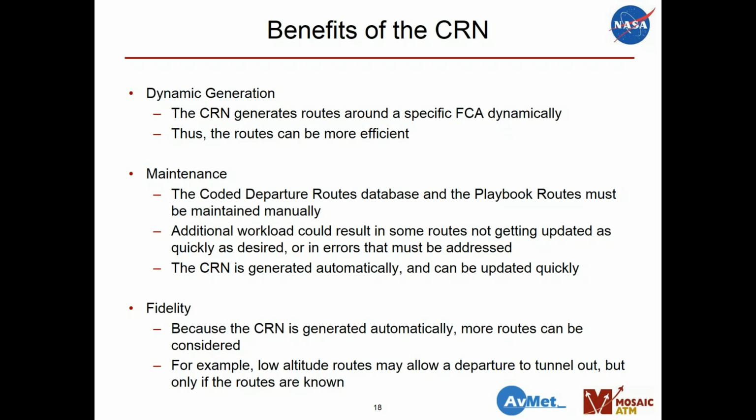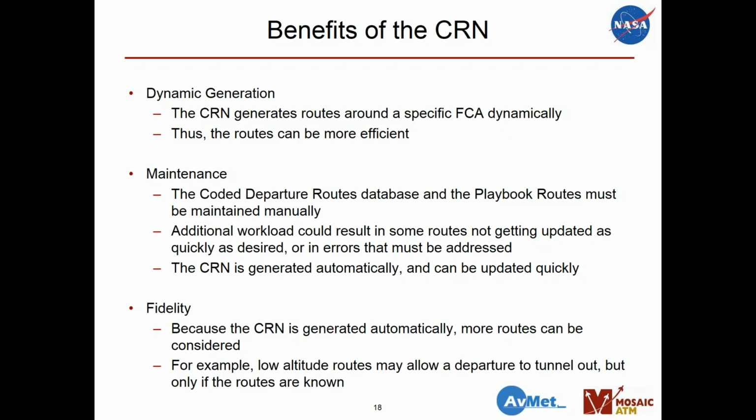But we also believe that this can be used for developing alternative routes in real time to be used as part of a TOS. Because again, we believe that the most important benefit is this first one here, is that when the clearable routes network is used to generate routes, it's done in real time with the knowledge of the specific FCAs or other congested areas that are being considered.